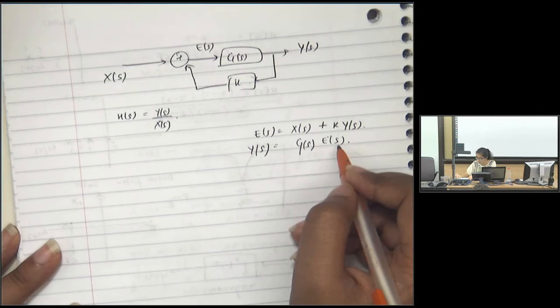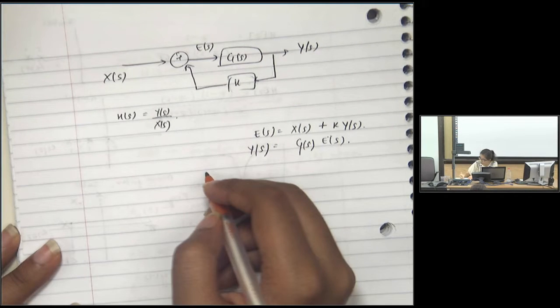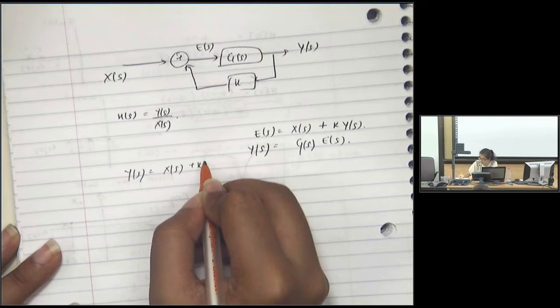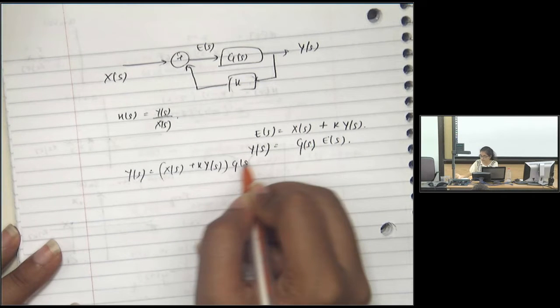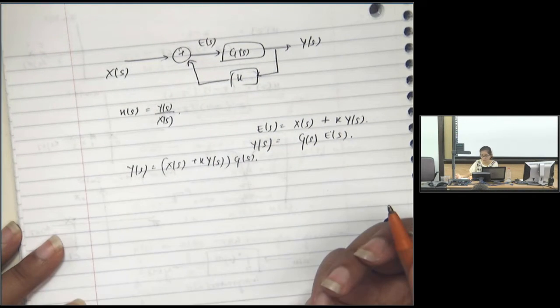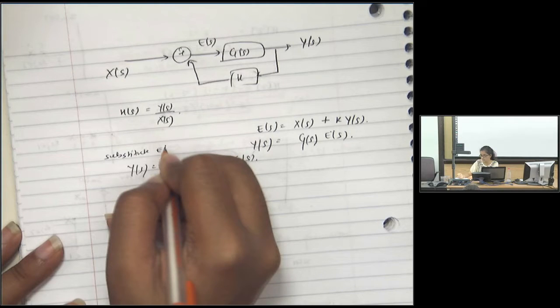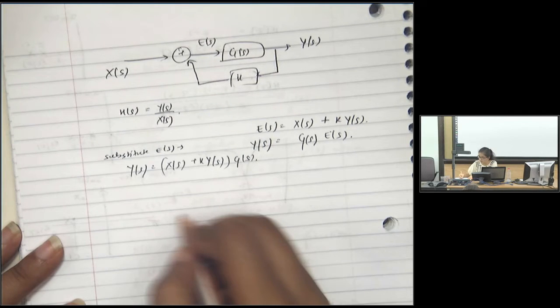Next step is to just substitute what we've got. So my y of s is now x of s plus k y of s, times g of s. I have just substituted e of s. Now just get the common terms on the same side.